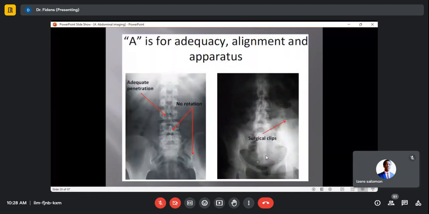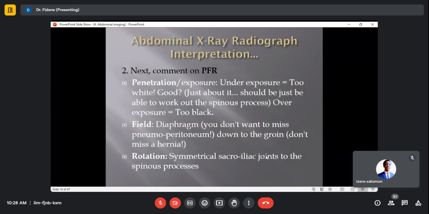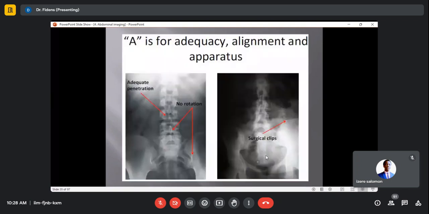So like now, you remember that I told you we go for analysis, we go for ABCS. Okay, ABCS. What is A? For abdominal X-ray, A is for adequacy, alignment, and apparatus.